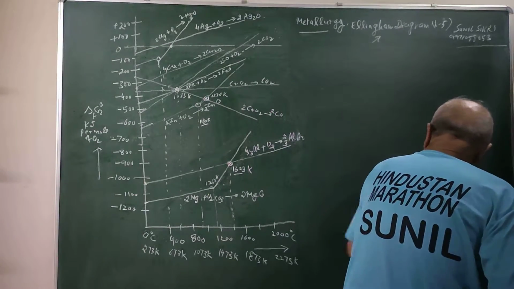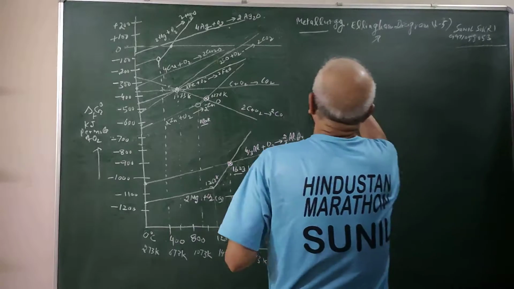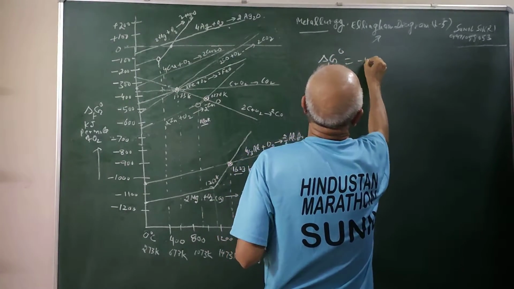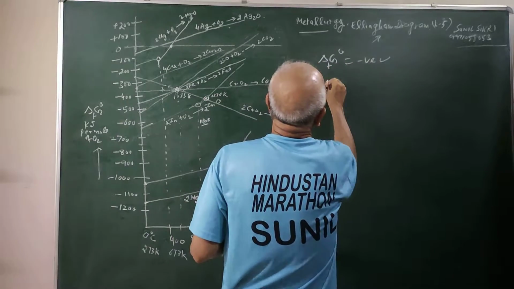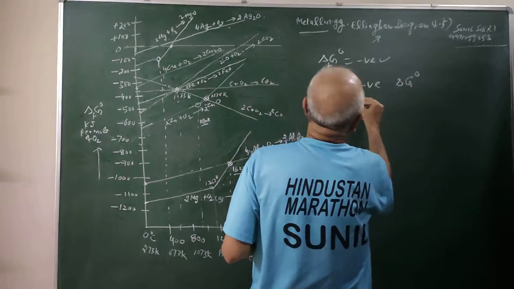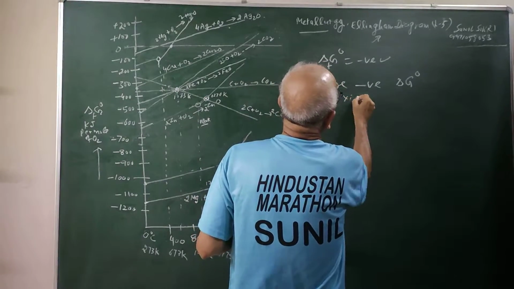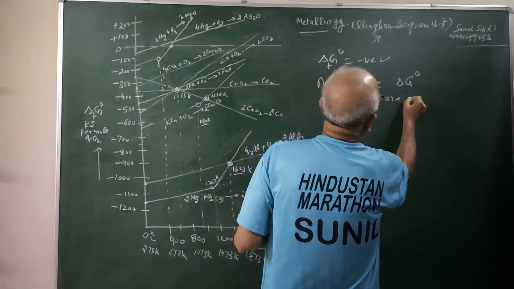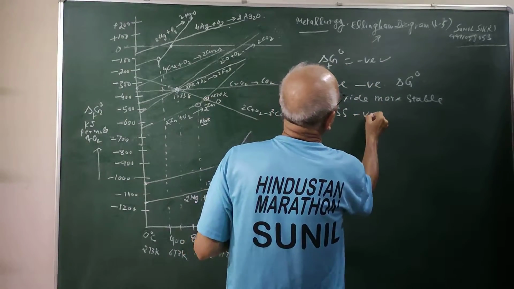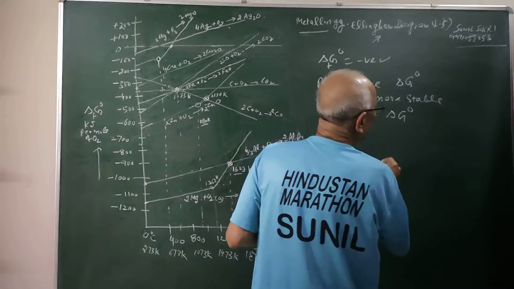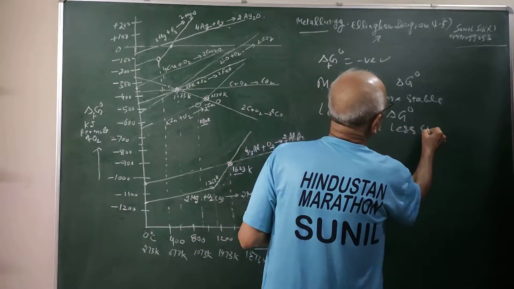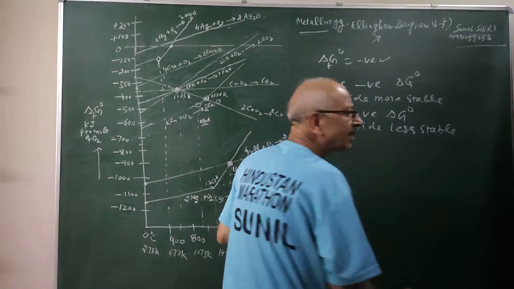A more negative delta G0 value means that the oxide is more stable, and a less negative delta G0 means the oxide is less stable. That's what we are saying.